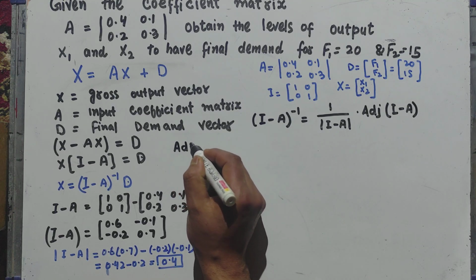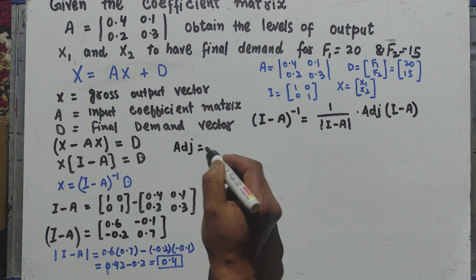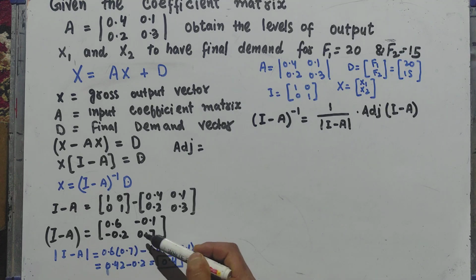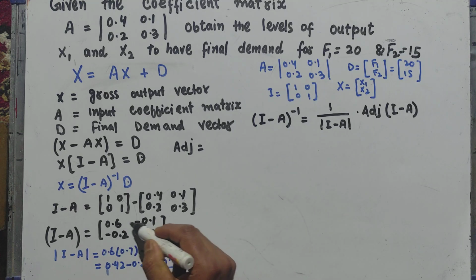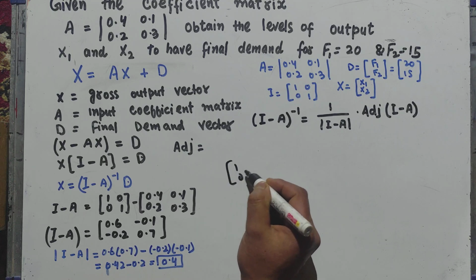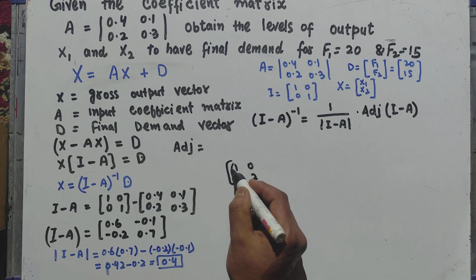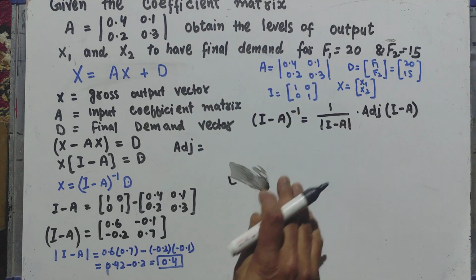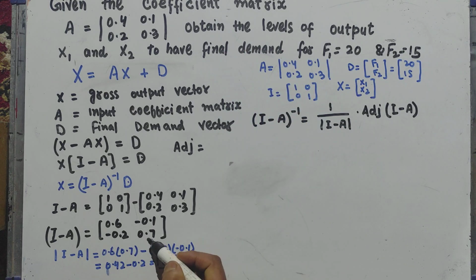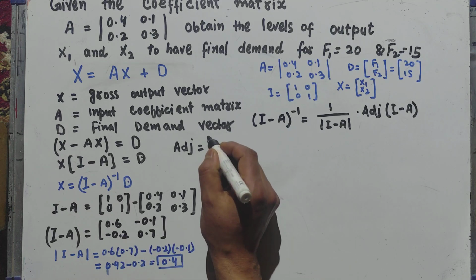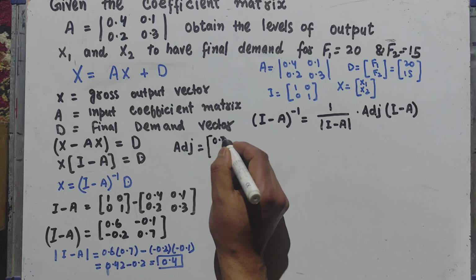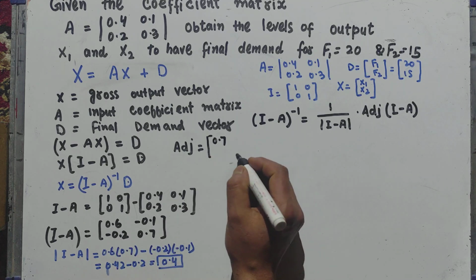How do we find the adjoint of a 2 by 2 matrix? Simply, we swap the principal diagonal elements. If we have 1 0 0 2, let us suppose these two are called the principal diagonal elements. We swap them with each other. So 0.7 will go to the top left corner, and 0.6 will go to the bottom right corner.